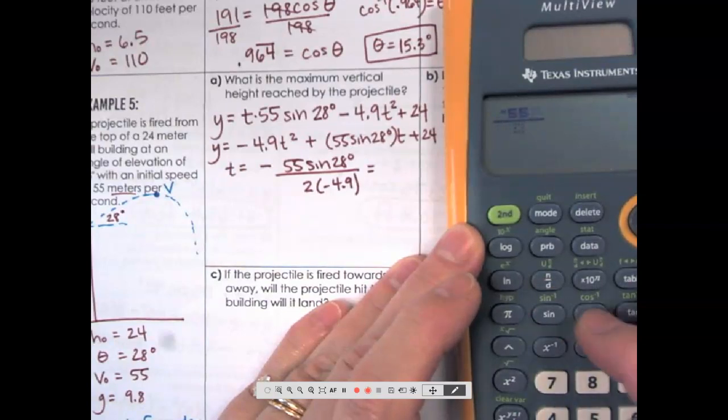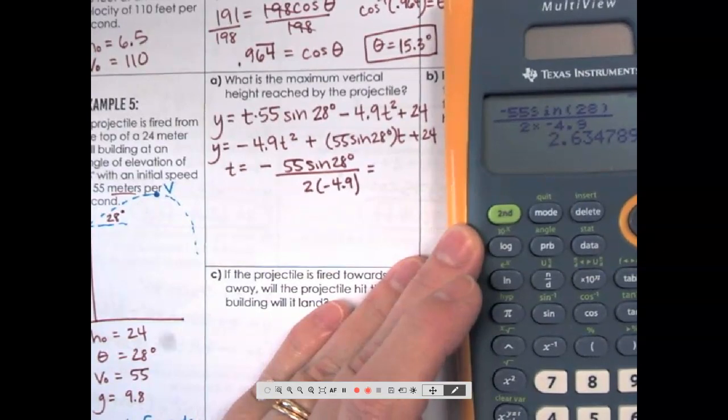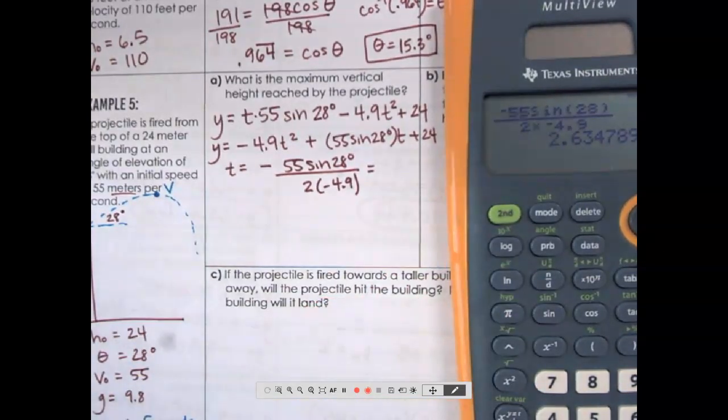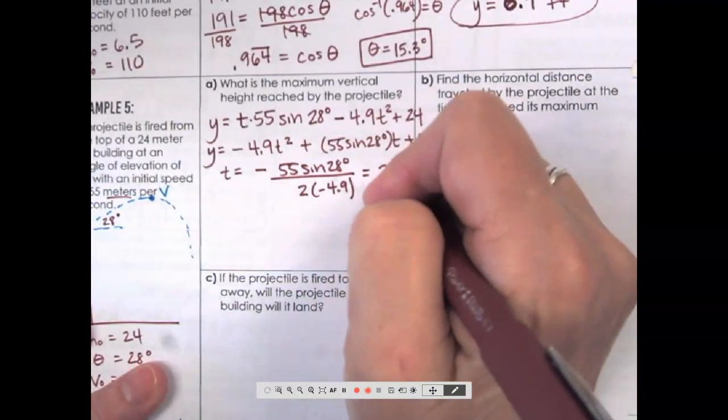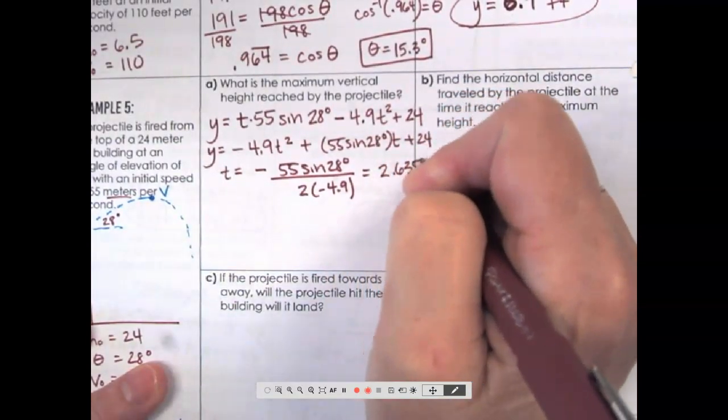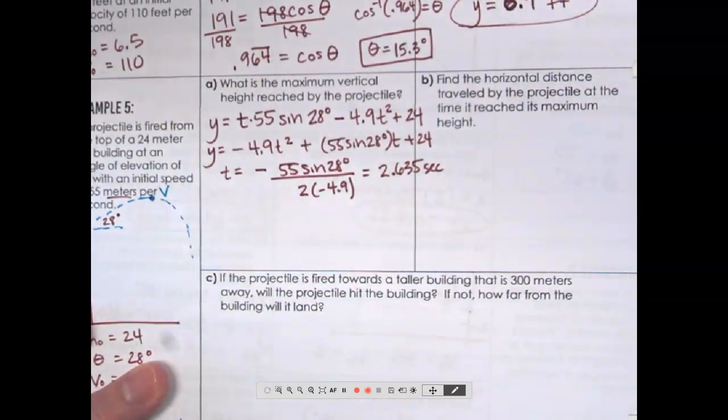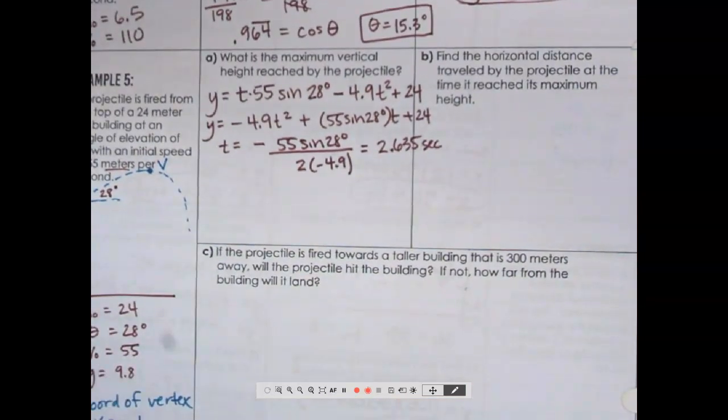Negative 55 sine 28 over 2 times negative 4.9, which we know is negative 9.8. 2.635. I'll try to be more accurate on this one. 2.635 seconds. Okay, so after 2.635 seconds, this object is at its highest point.